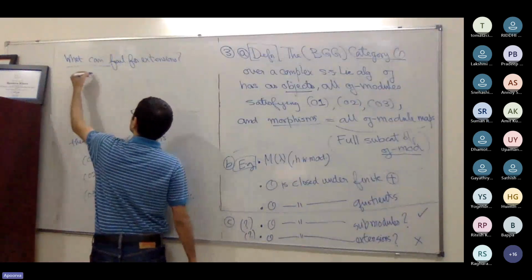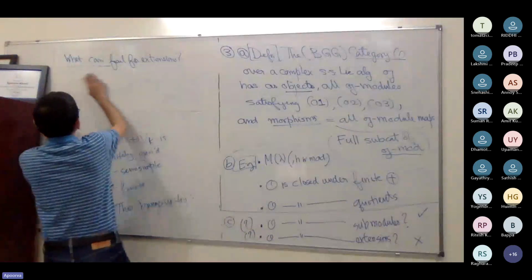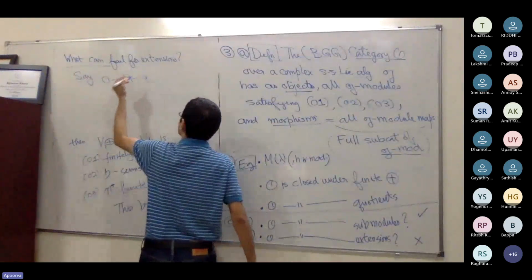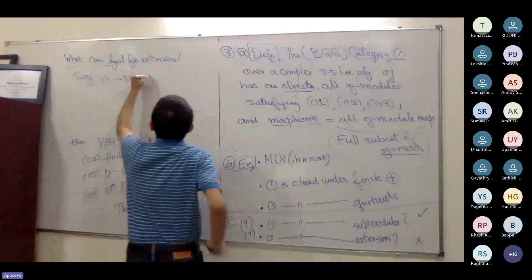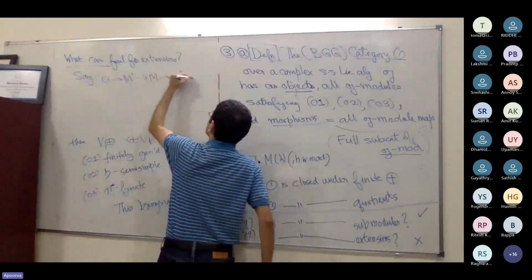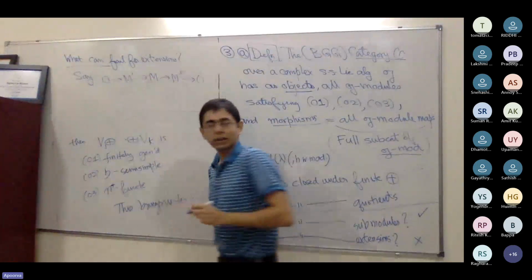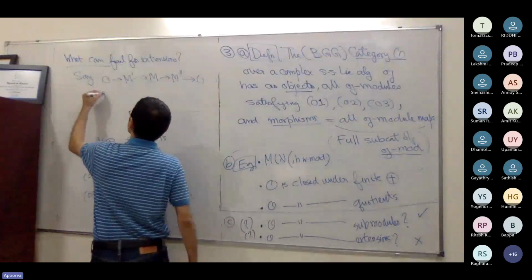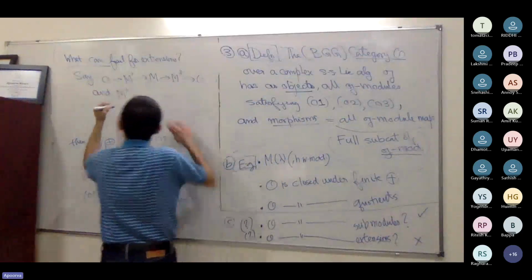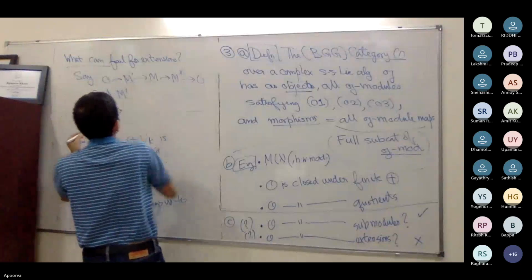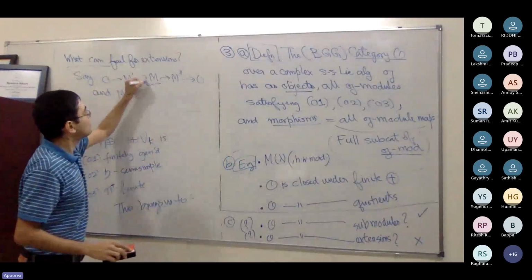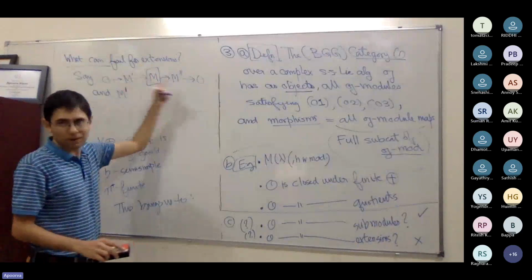So O1 actually works. Let me say: 0 to M prime to M to M double prime, the usual notation for a short exact sequence. Suppose we have g-modules. The question really is, suppose M is in O, then what do we know about M prime and M double prime?